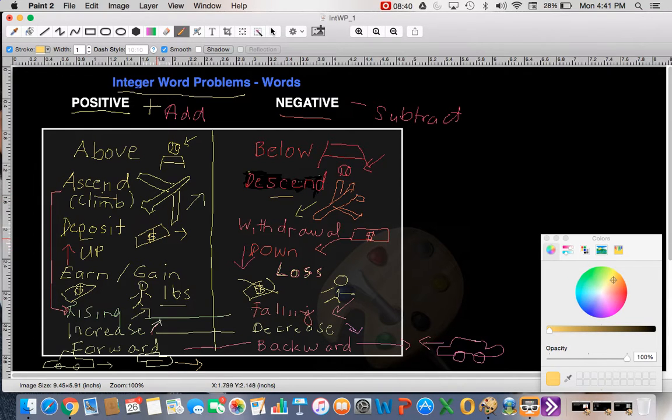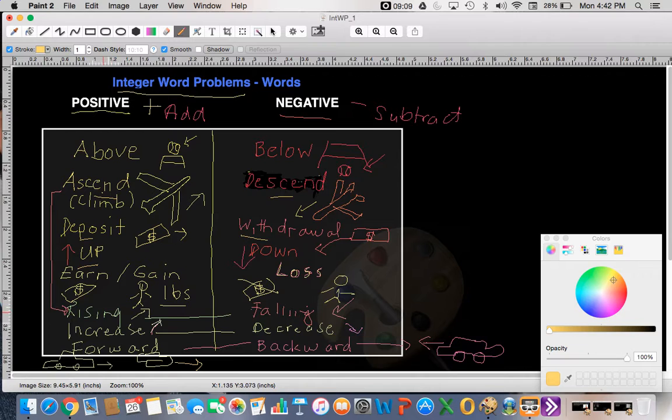Deposit, which talks about money going to an account in a bank, or withdrawal, money going out of your account. Up, going up. Down, going down. Earn talks about money also, most of the time in your test. Gain, for example, you gain weight, or you lost weight, or you lost money.